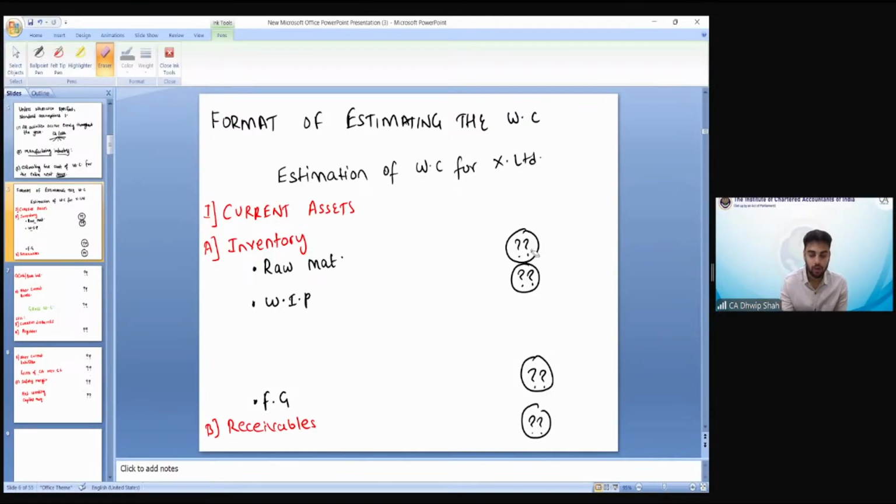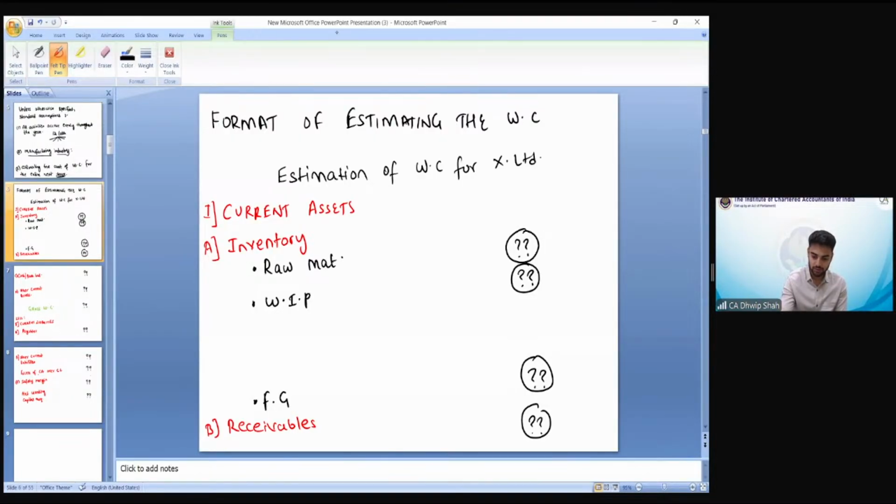The cost sheet that you have learned in costing, from that cost statement, or we can say income statement as well, we will get all these values. Okay?